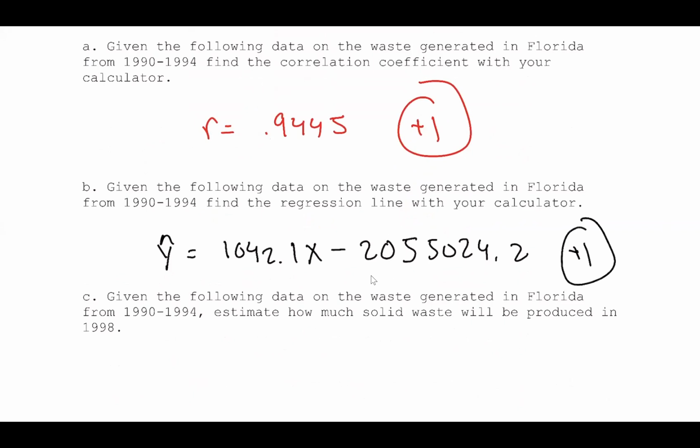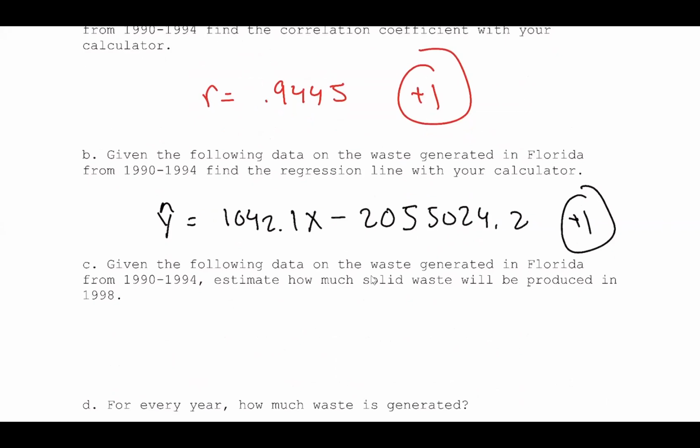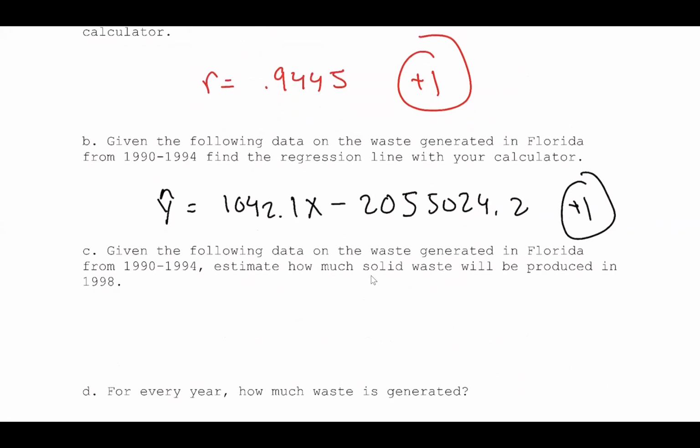For part C, it says, given the following data on the waste generated in Florida from 1990 to 1994, estimate how much solid waste will be produced in 1998.